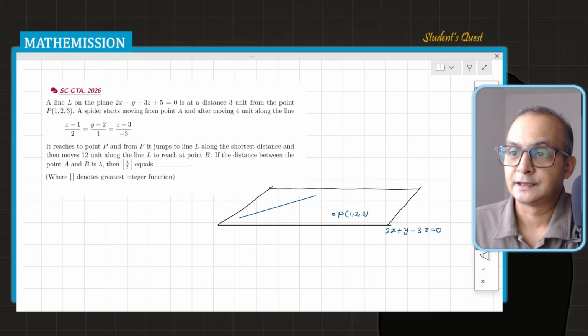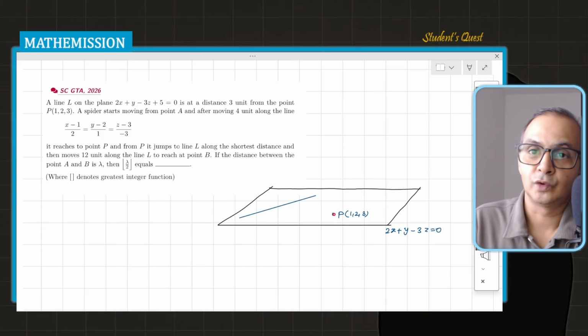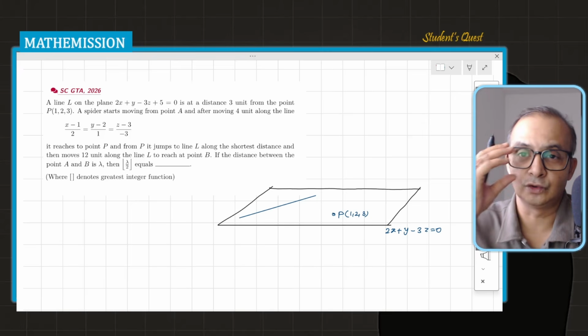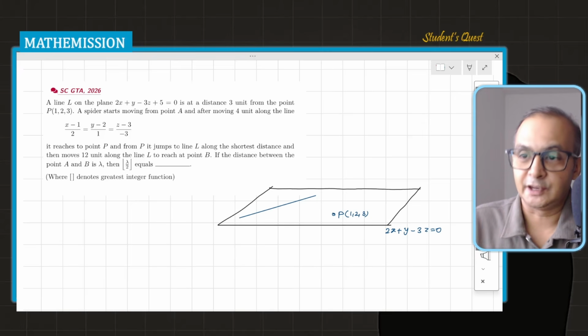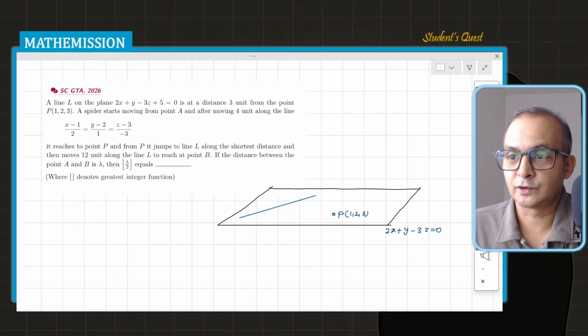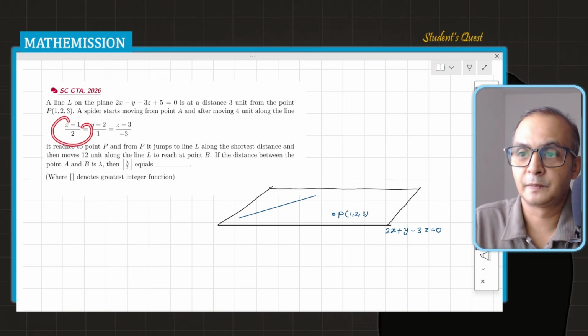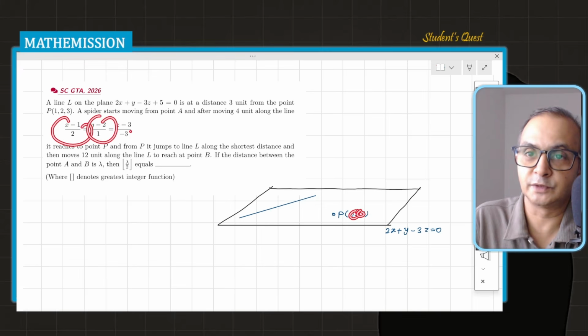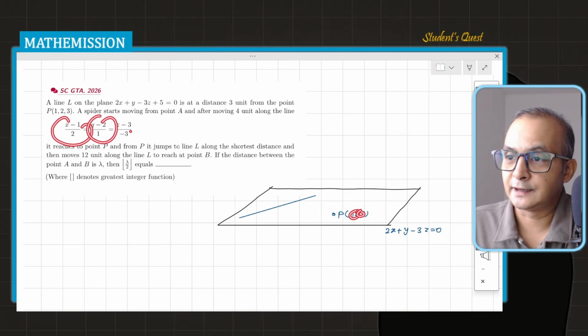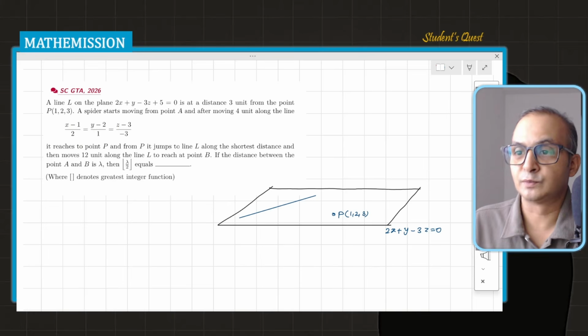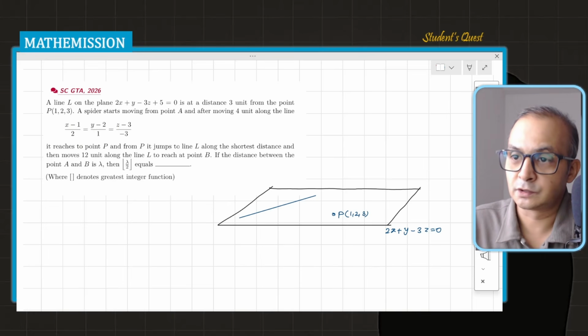It means this P is on this line itself. If it is not so, let's check it. Suppose I put x equals 1 there, that will become 0. x equals 2 there, that will become 0, and x equals 3, this will become 0. It means the line along which the spider is moving is perpendicular to this plane.